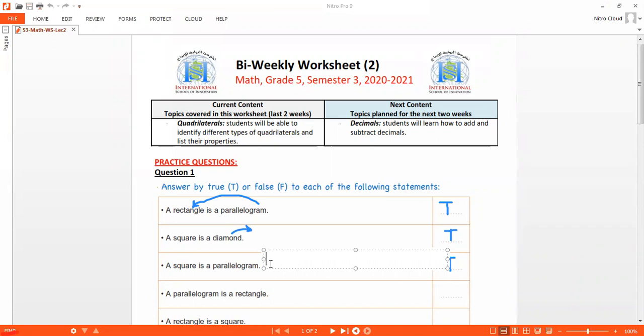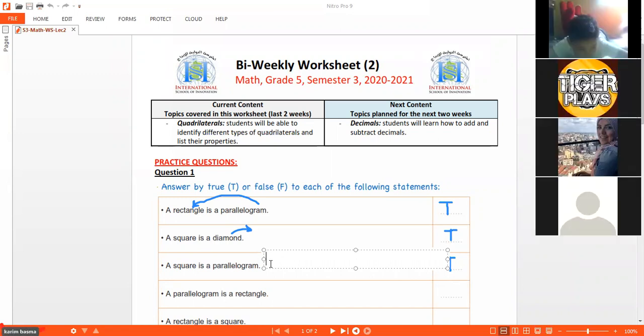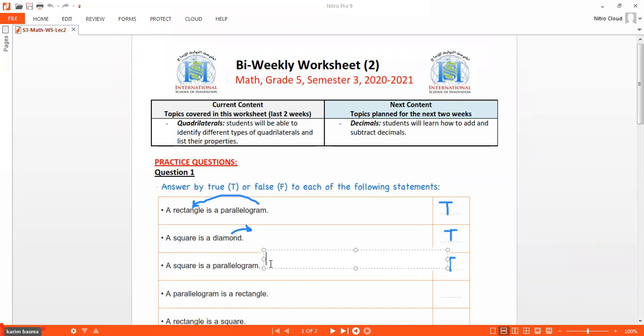The properties of the parallelogram are... Yes. You still remember it, Hassan? Opposite sides are equal.